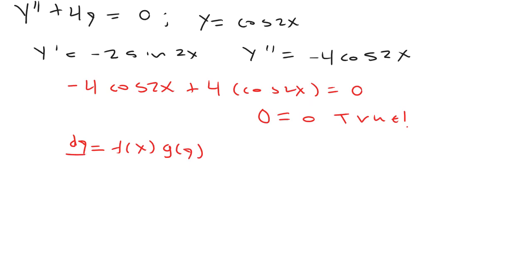If I can separate the two functions as follows, where I have dy divided by g of y equal to f of x times dx, then yes, you can integrate both sides and solve for the unknown function.